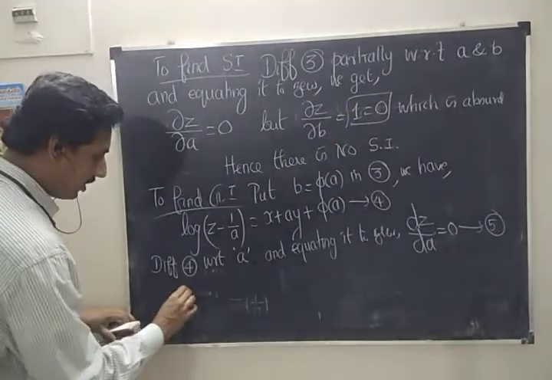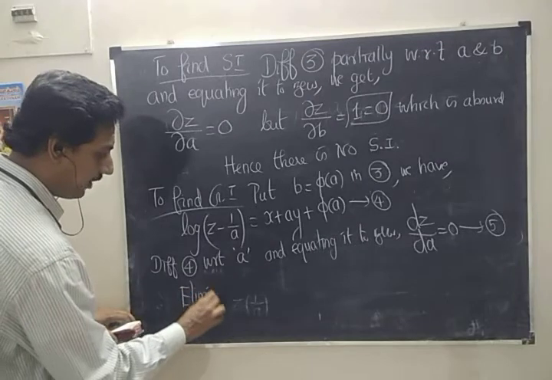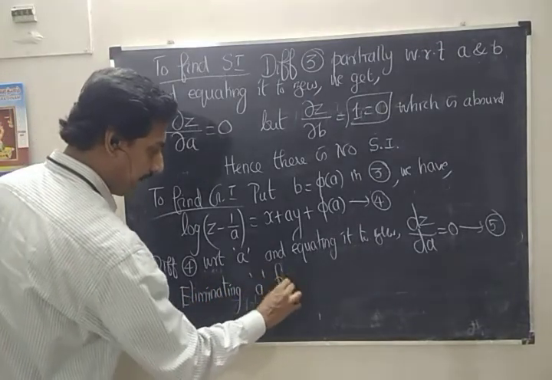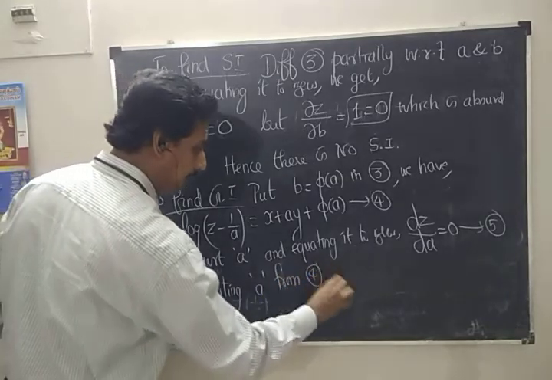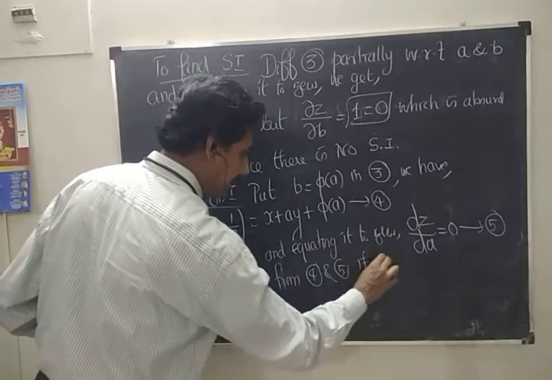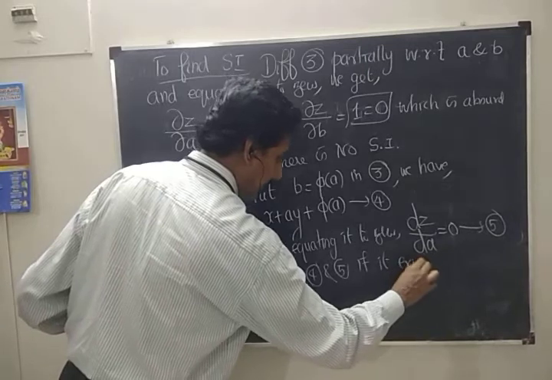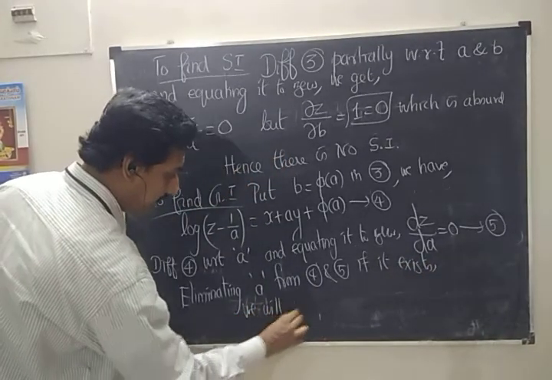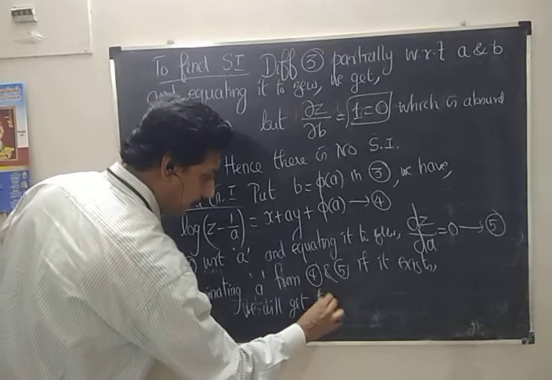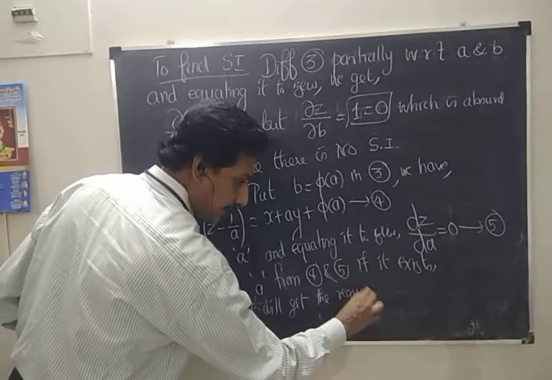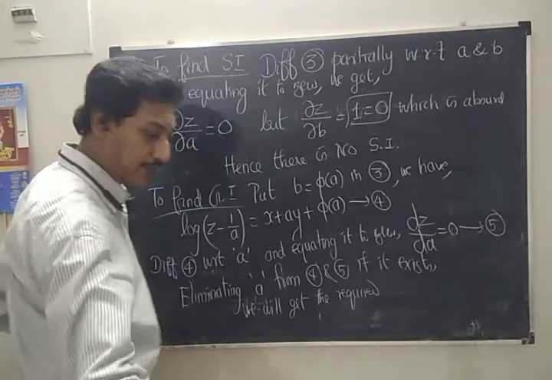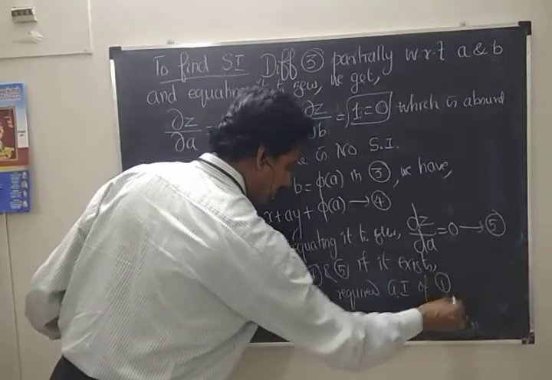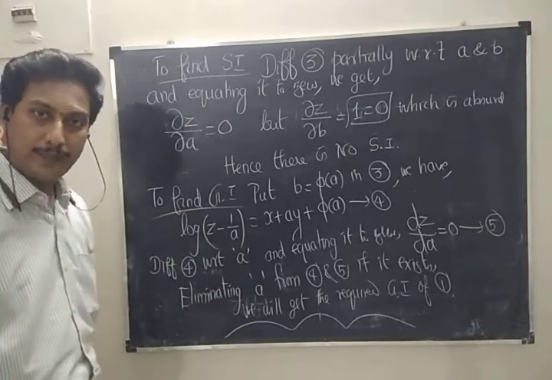Now eliminating the constant a from 4 and 5, if it exists, we will get the required GI of the given PDE. So this is the idea behind this type. Thank you.